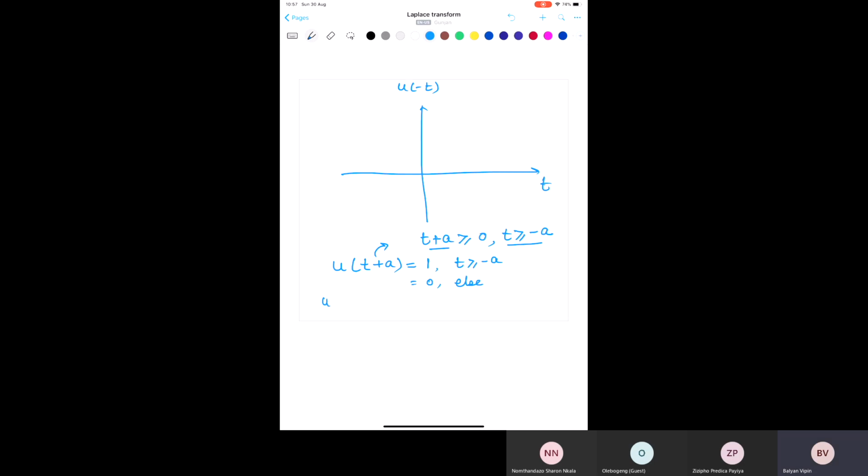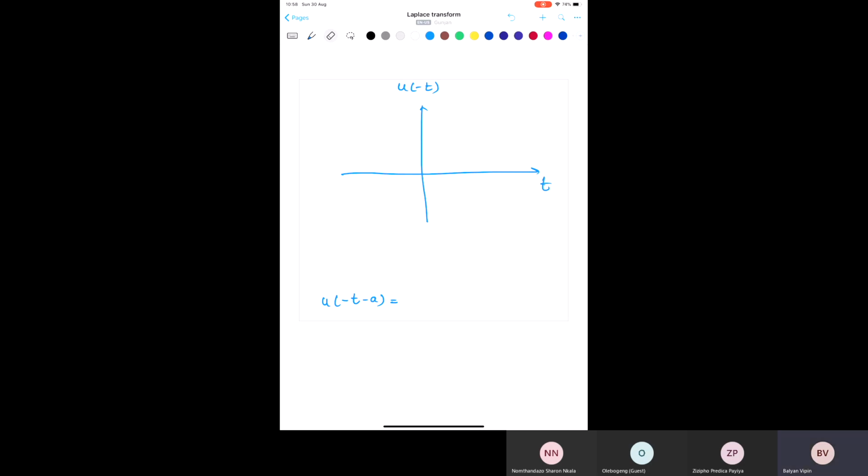Let's take another example. If you have u(-t - a), using the same terminology, there's a recording going on, so you can see these things later on also.